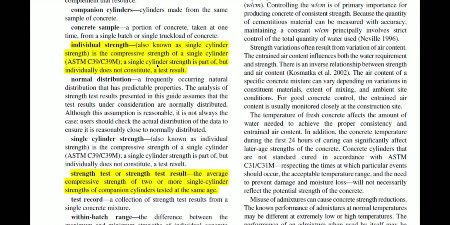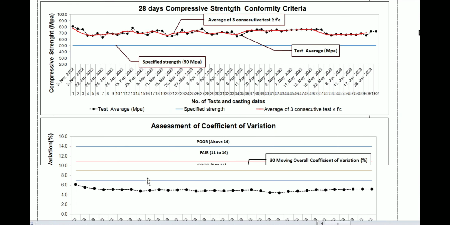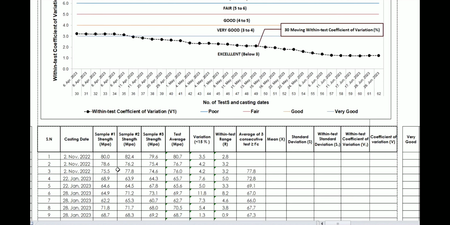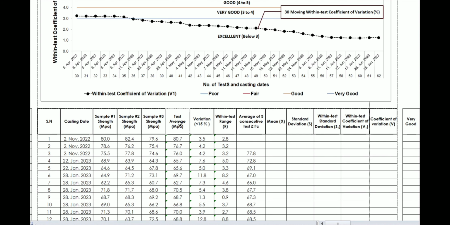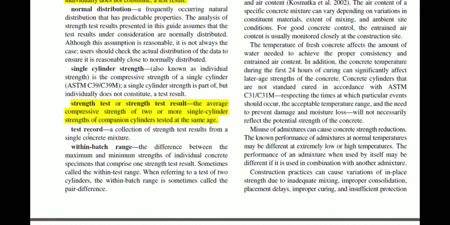First of all, the individual strength. A single cylinder strength is part, but individually does not constitute a test result. Meaning to say, if you have 30 pieces of cylinder, it doesn't mean you have 30 strength tests. There should be an average of 2 to 3 individual cylinders, and the average of that equates to 1 strength test.